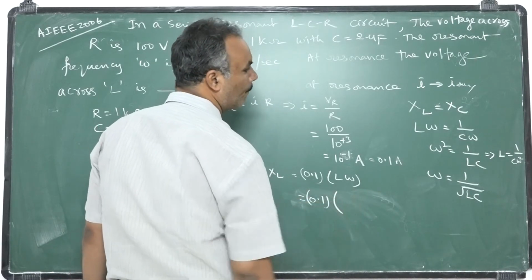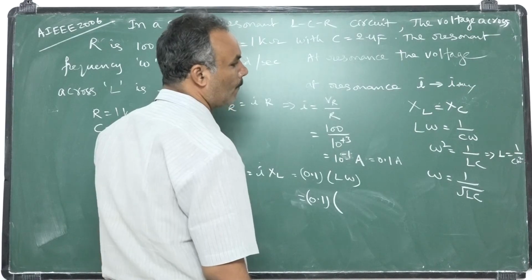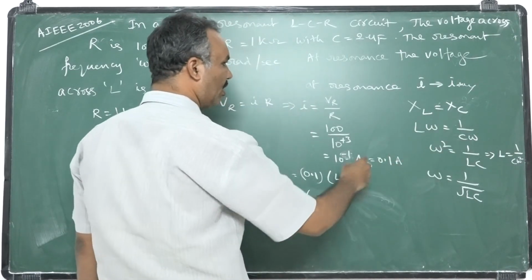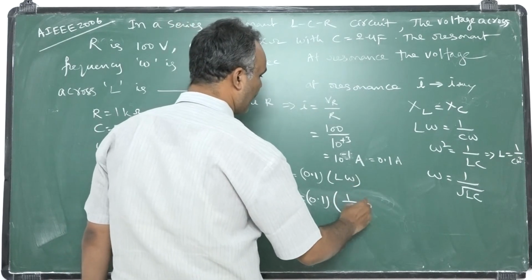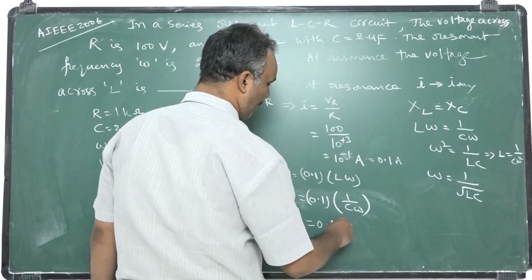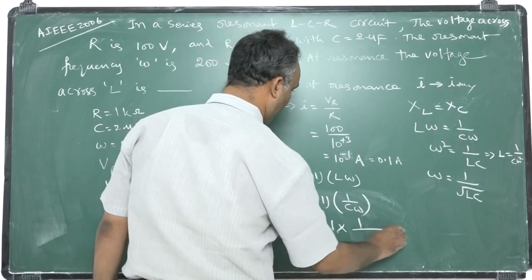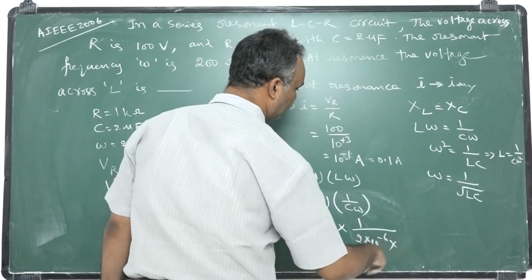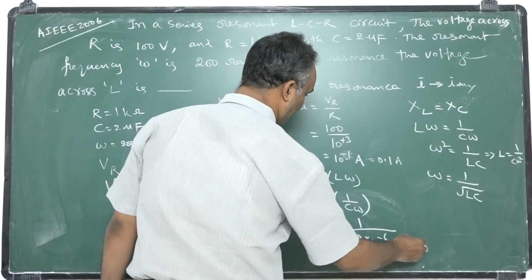Otherwise, L omega is equal to 1 by C omega. Directly you can write 1 by C omega here, that is 0.1 into 1 by C value 2 microfarad, 2 into 10 power minus 6, omega 200.